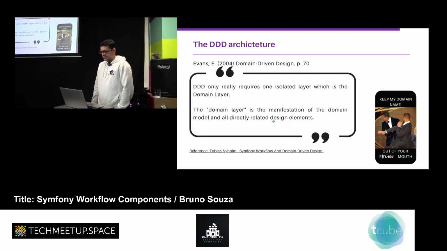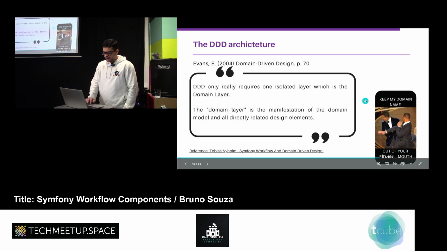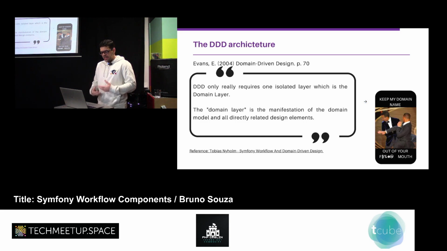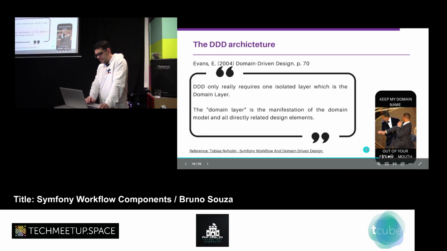One of the main rules of DDD is that it requires that you isolate your domain layer, because the domain layer is the manifestation of the domain model and all the directly related design elements, all the business logic. So it's ideal to have this domain layer isolated.